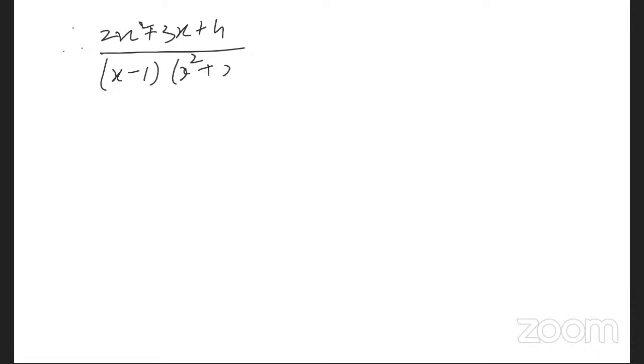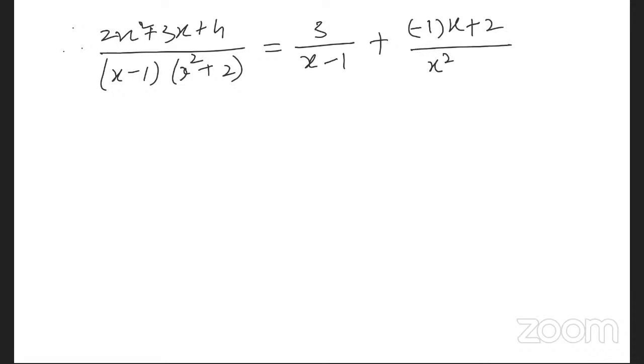Therefore, (2x² + 3x + 4)/((x - 1)(x² + 2)) is equal to 3/(x - 1) + (-1·x - 2)/(x² + 2).